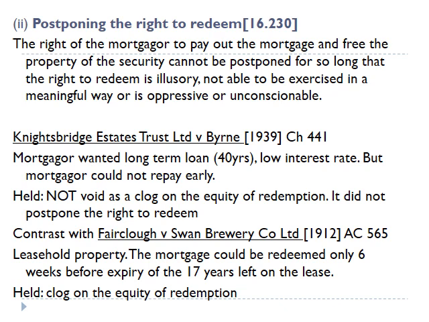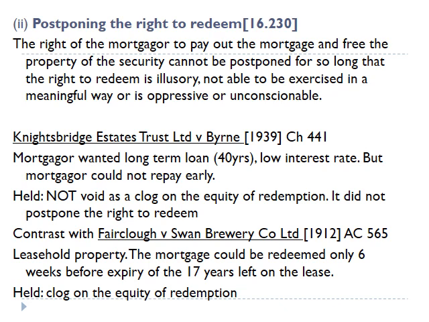Now, you'll recall that one of the clogs on the equity of redemption was the postponement of the right to redeem. And this simply means that the transaction is set up in such a way that the mortgagor cannot redeem their property for a lengthy period of time, even if they had the money and tendered it to the mortgagee.